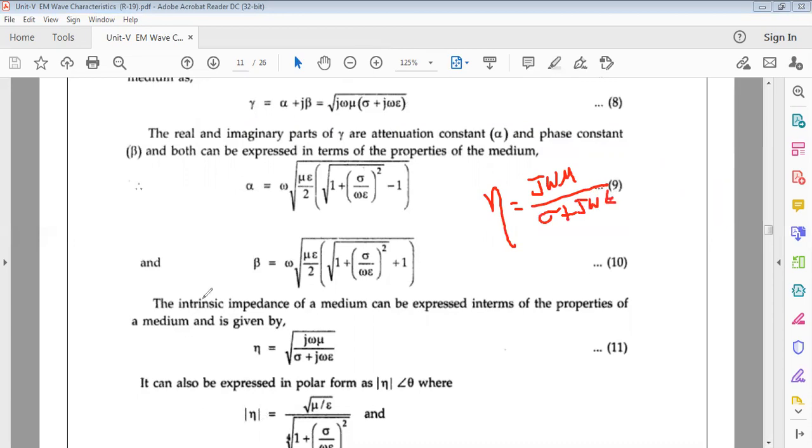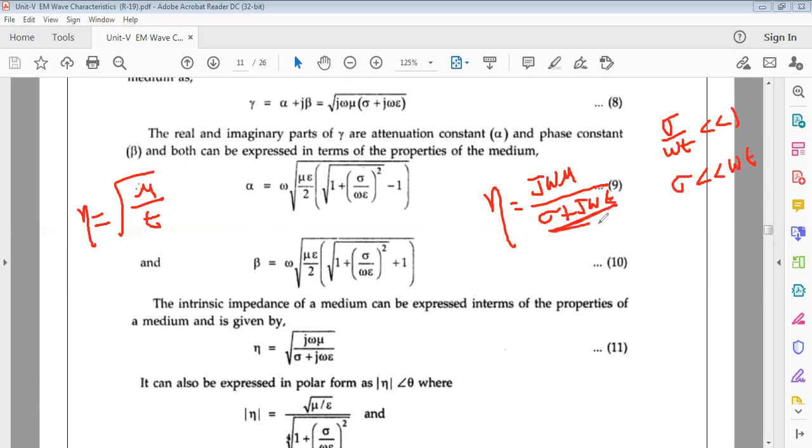We know eta is equal to under root of mu by epsilon when it is a perfect dielectric. In comparison, in sigma plus j omega epsilon, sigma by omega epsilon is very much less than 1, where sigma is very much less than omega epsilon.